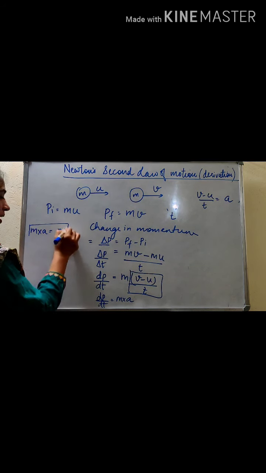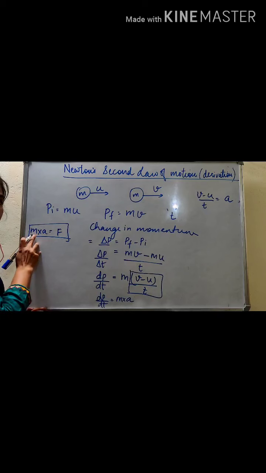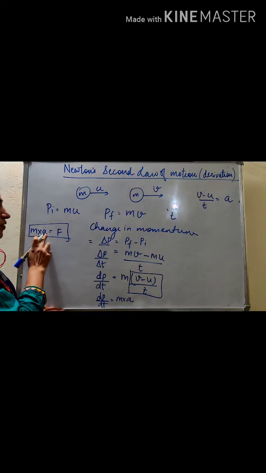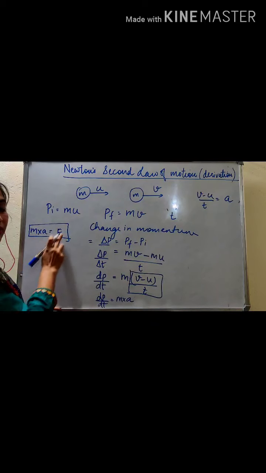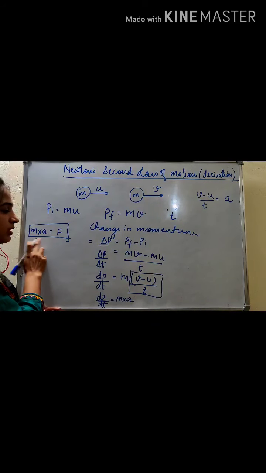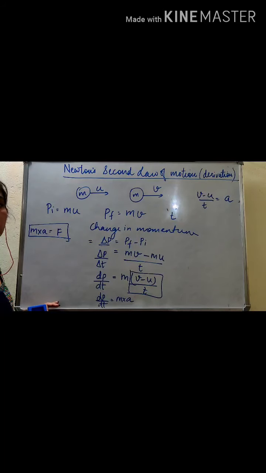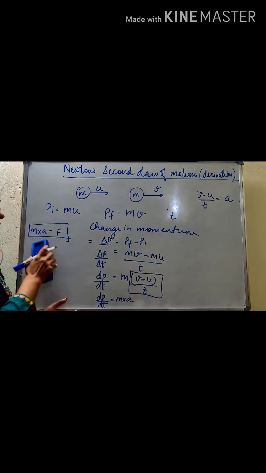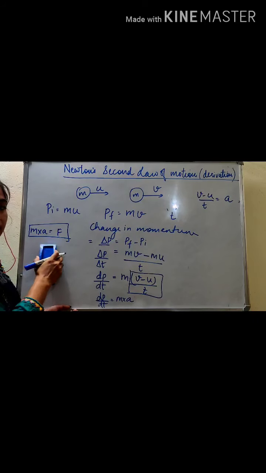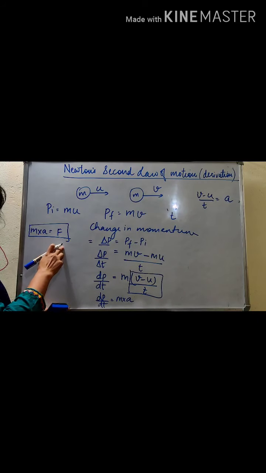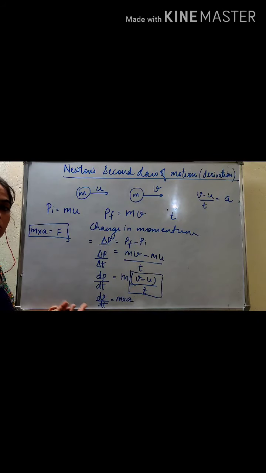Mass into acceleration is nothing but force. That means if a body having mass m is accelerated by an acceleration a, what will be the force required for this acceleration? It will be F. Or you can state it using Newton's first law of motion, that a body cannot be accelerated on its own. To accelerate a body, to bring about a change in the velocity of a body, you need an external unbalanced force.